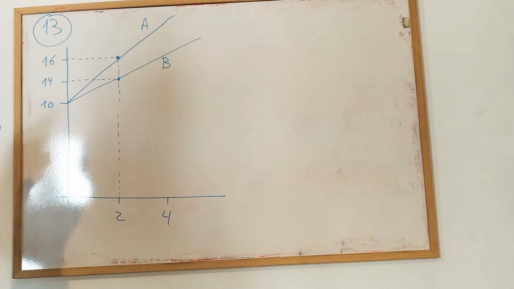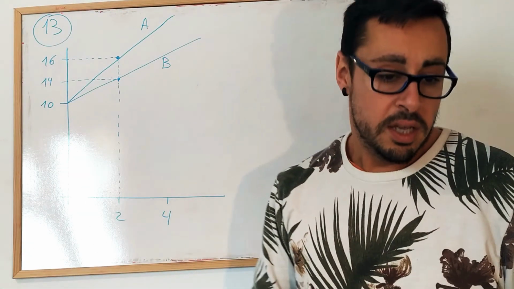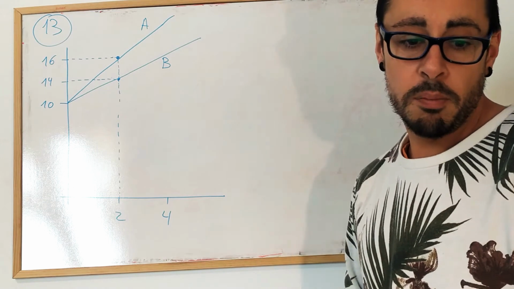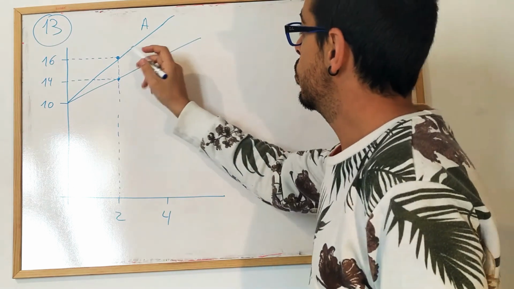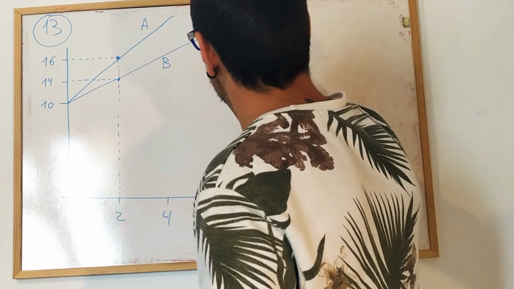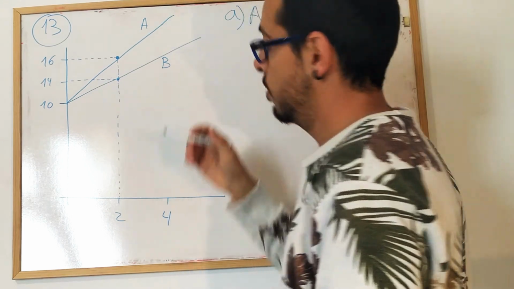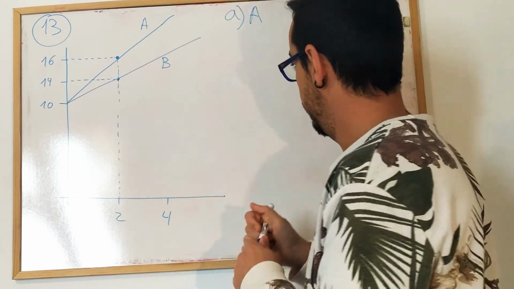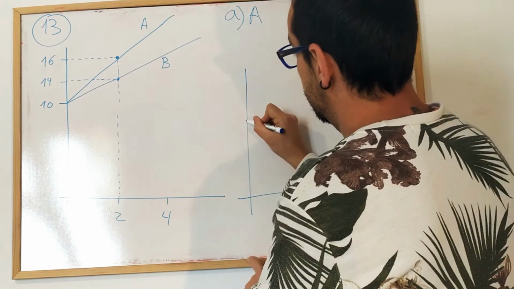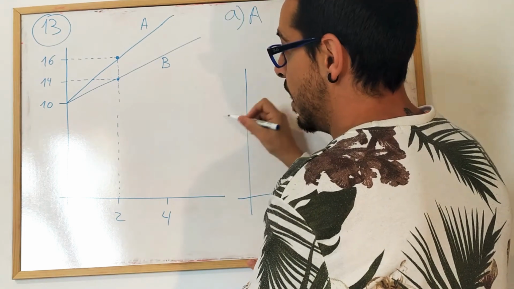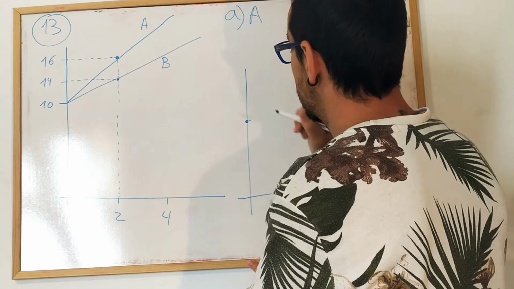In exercise 13, we have a graph and it asks, which one moves faster? Okay. Obviously, A. Which one moves faster? A. Why? So simple. It starts at 10 meters.